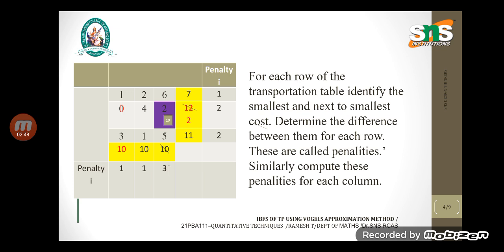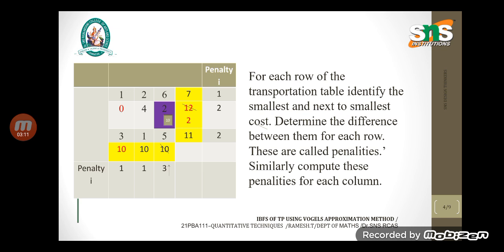In the next column, the smallest cost is 1, the next cost is 2, the difference is 1. In the third column, the smallest cost is 2 and the next is 5, the difference of 5 and 2 is 3. Now among the row penalties and column penalties, we choose the largest penalty.